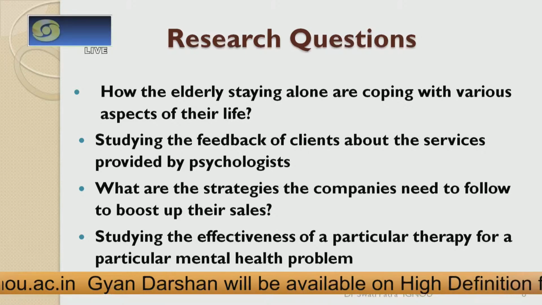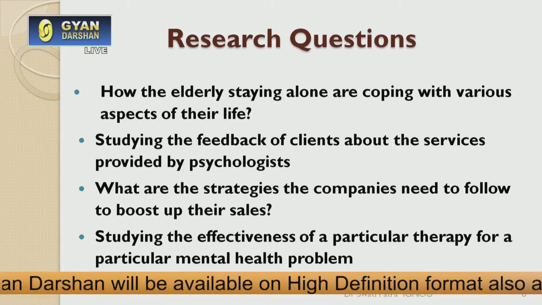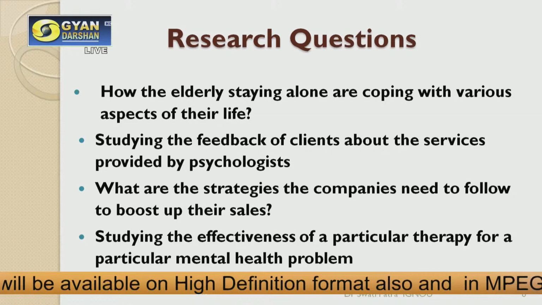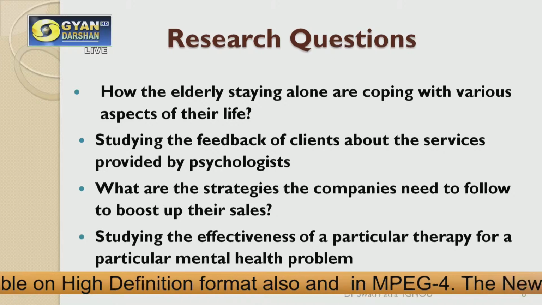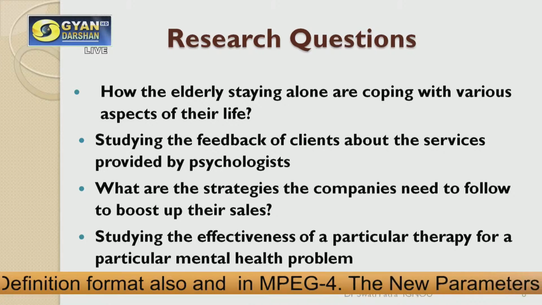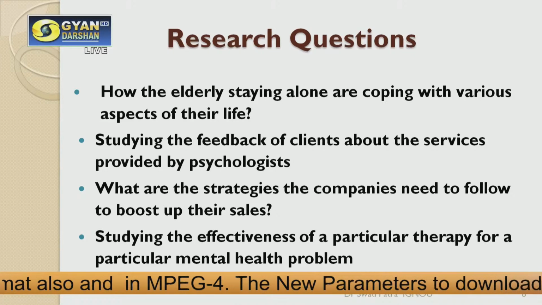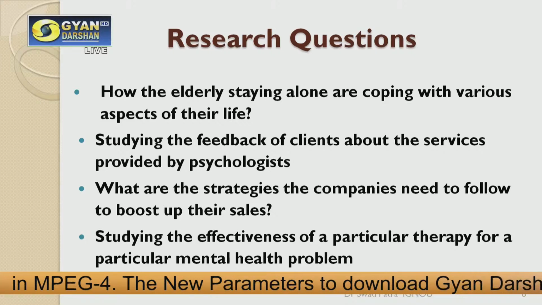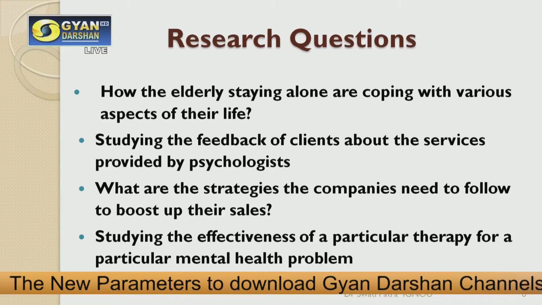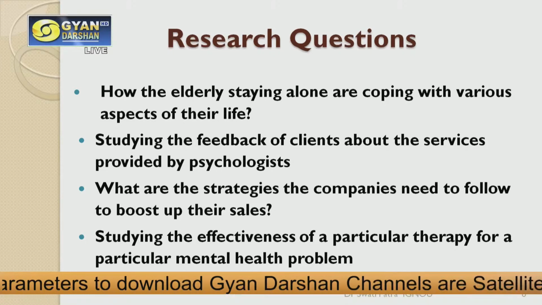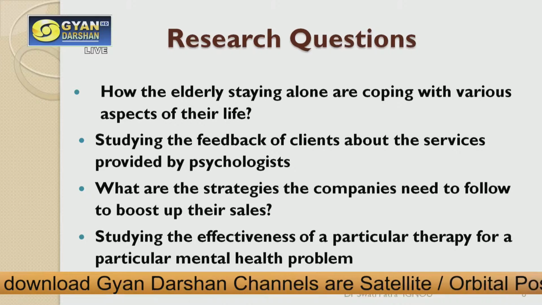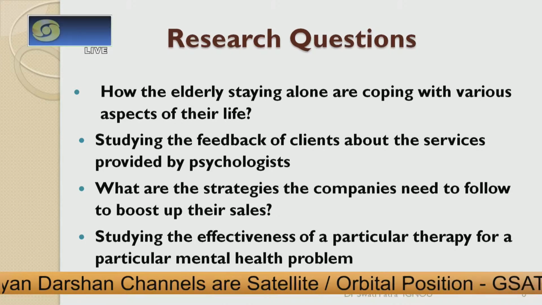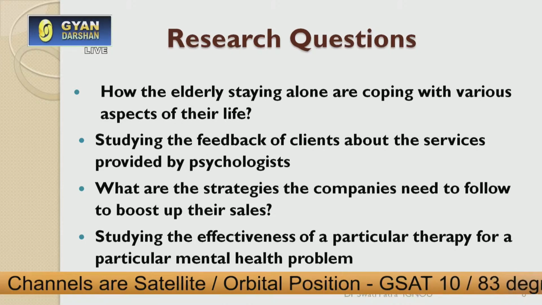Okay. And then this also helps us to put the research questions, like for example, how the elderly staying alone are coping with various aspects of their life, or for example, what are the strategies the companies need to follow to boost up their sales, or studying the effectiveness of a particular therapy for a particular mental health problem. So these are the research questions.